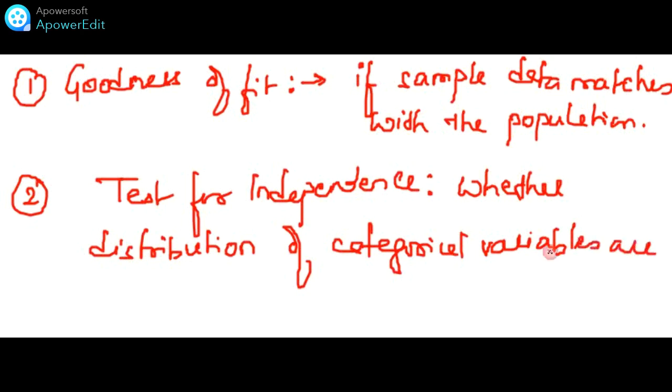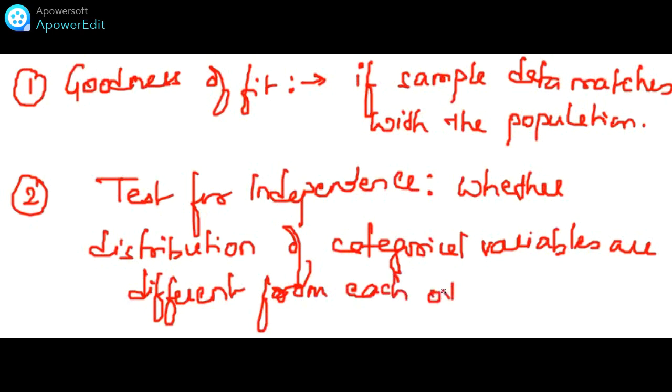Variables are related or not, like age is related to hunger or not, age is related to illness or not, are they independent or not. And goodness of fit checks if the sample data matches with the population. So the chi-square test is normally used to test qualitative data.